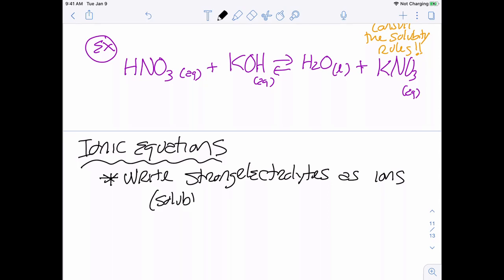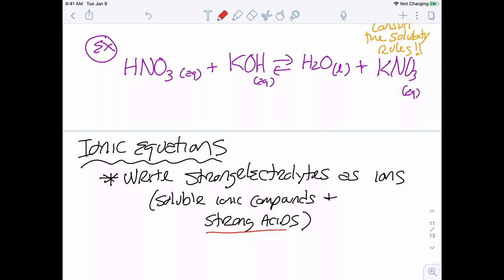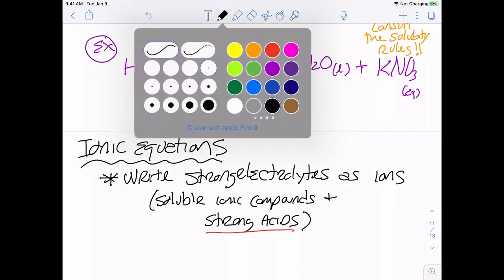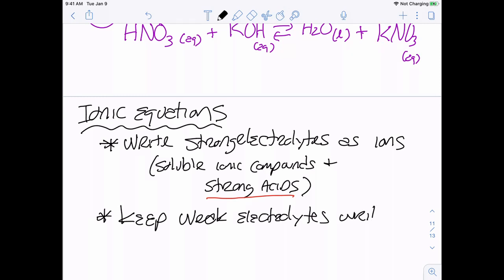So this is where you would look up your salt. And strong acids. We're going to do weak acids differently, so this is where it's important to make sure you know which ones are strong. And then we're going to keep weak electrolytes written as compounds, keep them together.